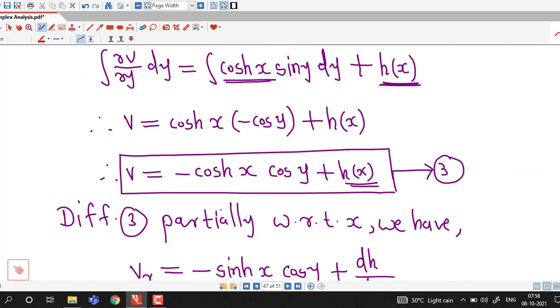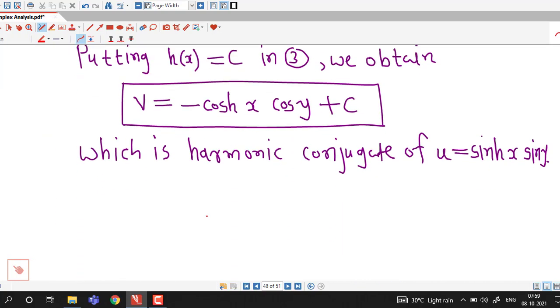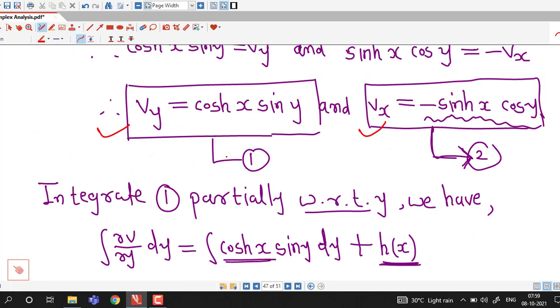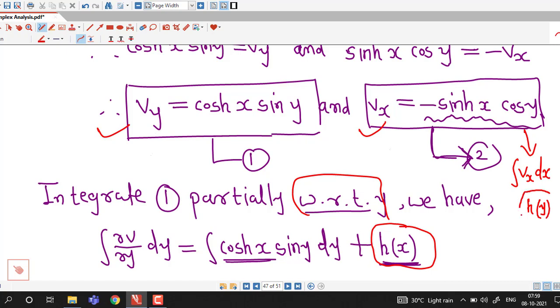Then by integrating either with respect to x or y, we will obtain our harmonic conjugate. And here we will take care that if we integrate with respect to y partially, we will consider x as constant, so we will put the constant of integration as a function of x. Now suppose we integrate with respect to x, in that case the constant of integration will be a function of y.